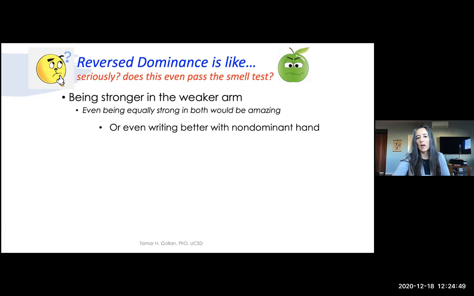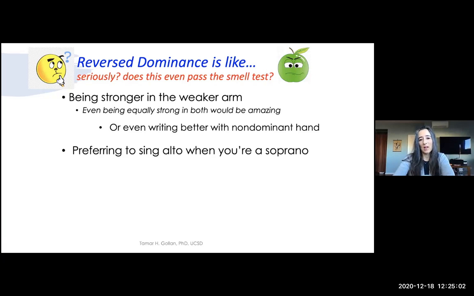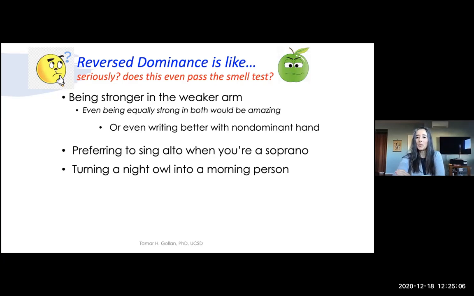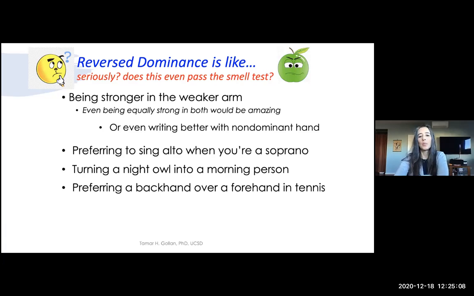You could even make the argument that it would be more like writing better with your non-dominant hand. And then I started thinking about all these other different analogies, which I'm not sure if they're right or not: preferring to sing alto when you're actually a soprano, turning a night owl into a morning person, preferring a backhand over a forehand in tennis.